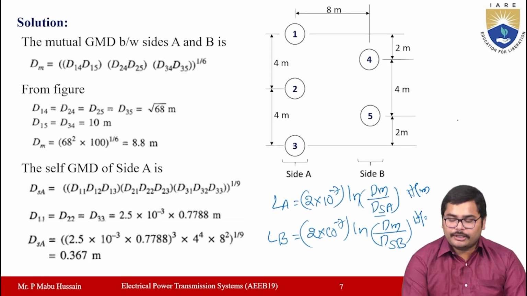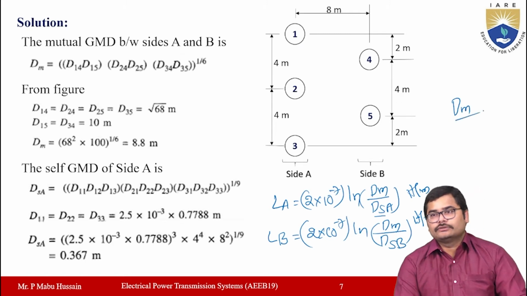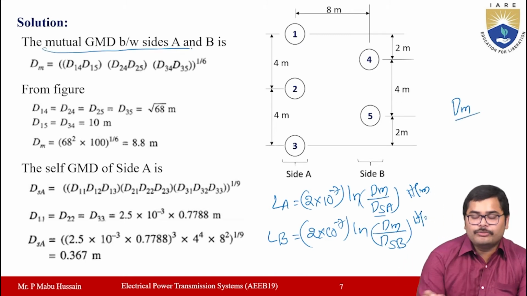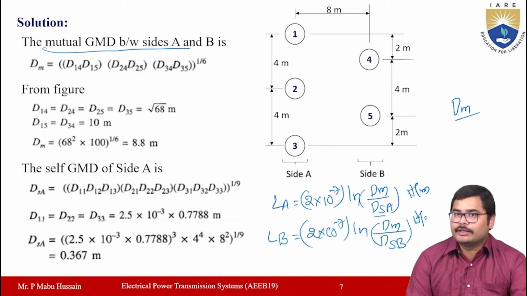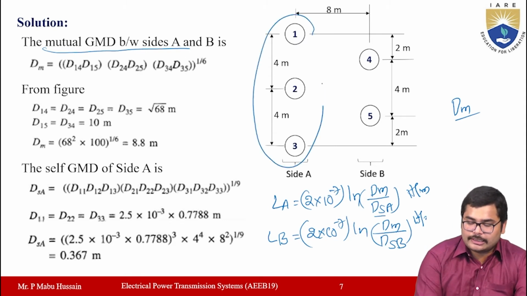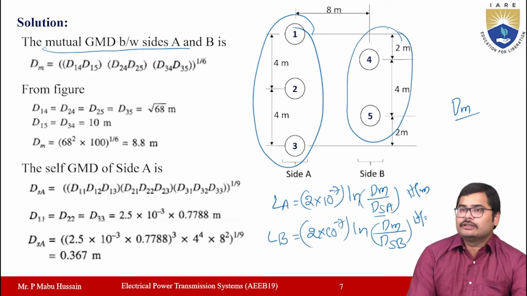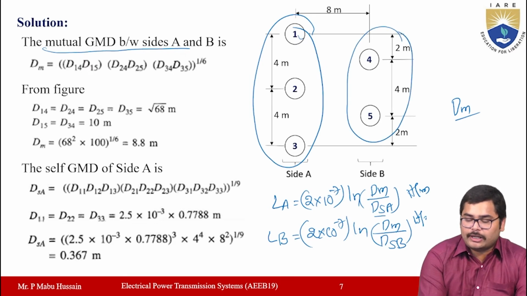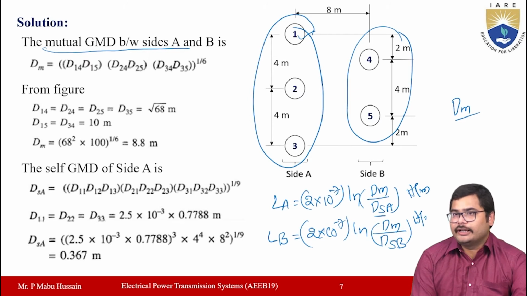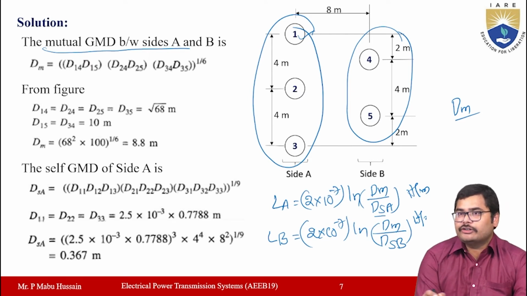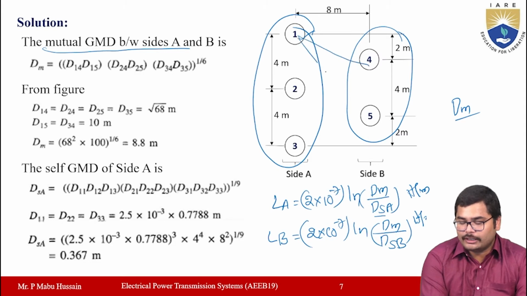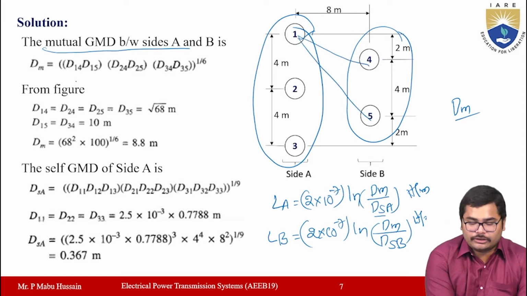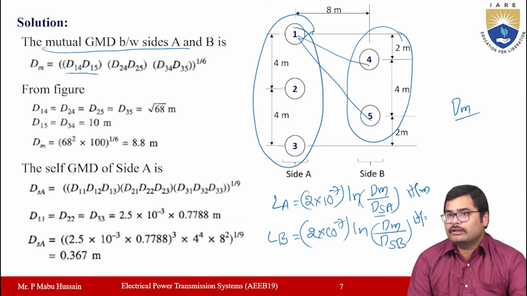Okay. So now what is the value of Dm? This Dm will be the same for both sides. Dm here is the mutual GMD between sides A and B, which is the product of all the possible mutual distances you have to consider. Here this is phase A and here this is phase B. First consider the subconductor 1 in side A. Then the mutual distances from side A to side B will be D14 and D15.